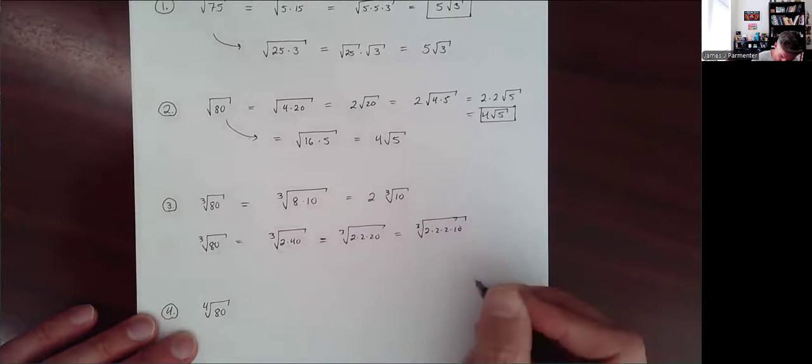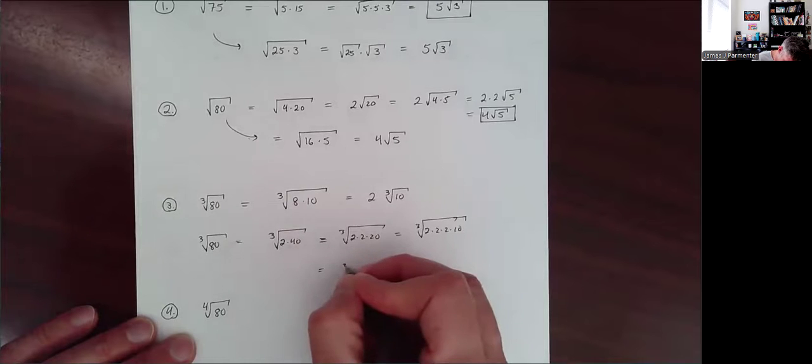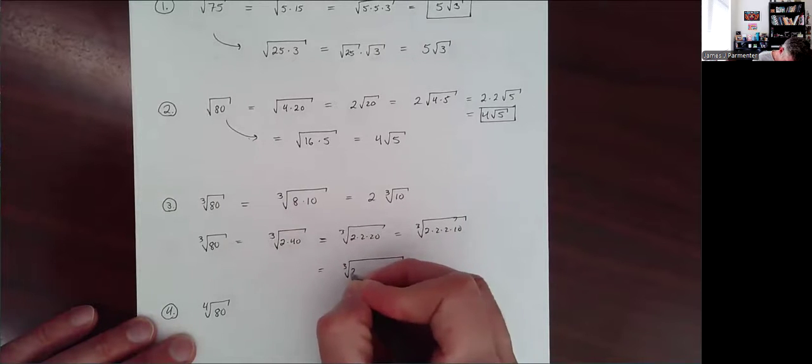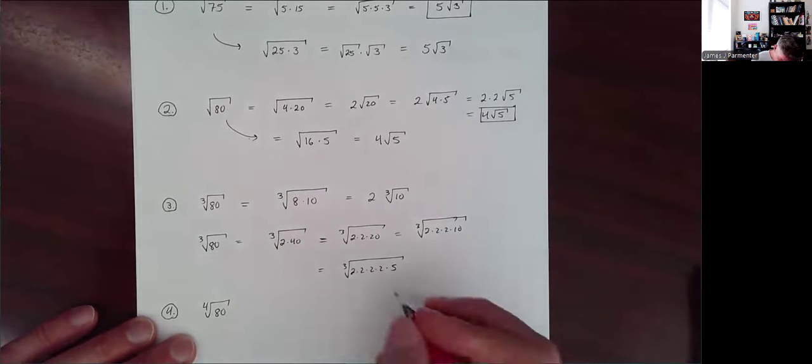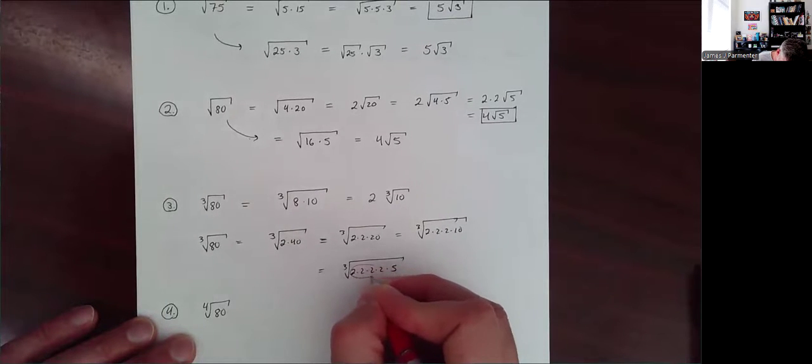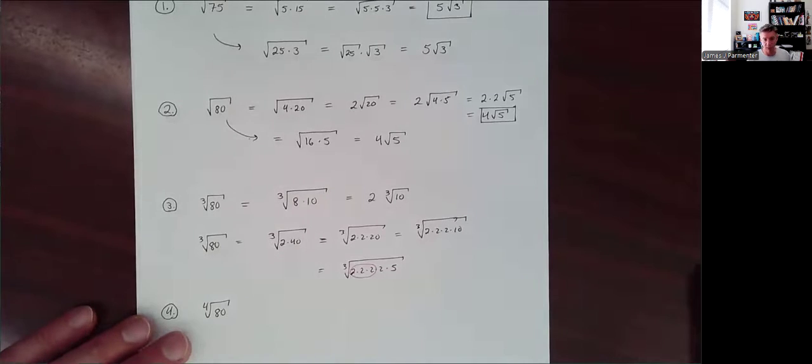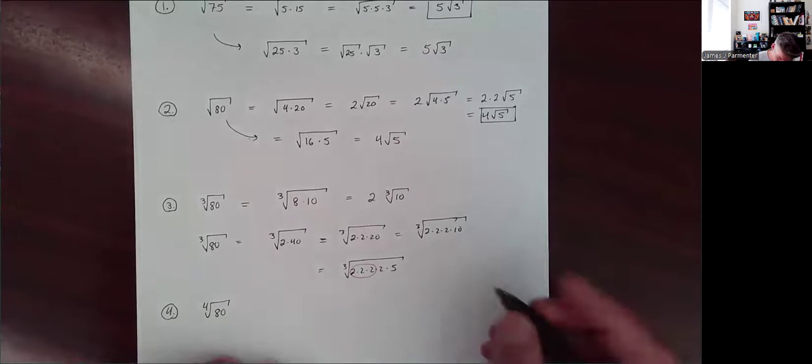If you really wanted to factor it all the way, you could say it's the cube root of 2 times 2 times 2 times 2 times 5. And then these 3 2's, since the cube root of 2 times 2 times 2 is just 2.